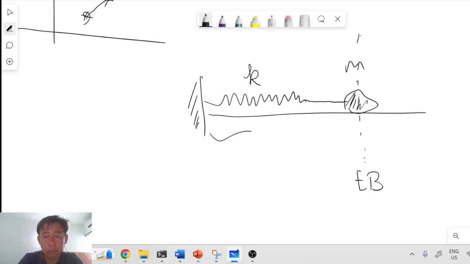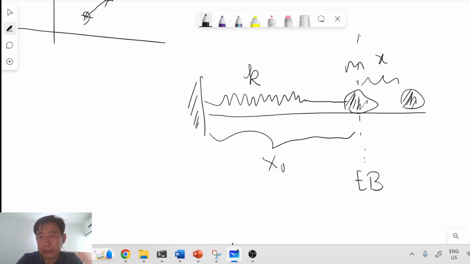We call this location x naught. Then when you pull the particle a little bit further away, the spring will be extended, and we call this displacement of the mass m from its equilibrium position x. So x here refers to the displacement in the position of the mass m from its equilibrium position.